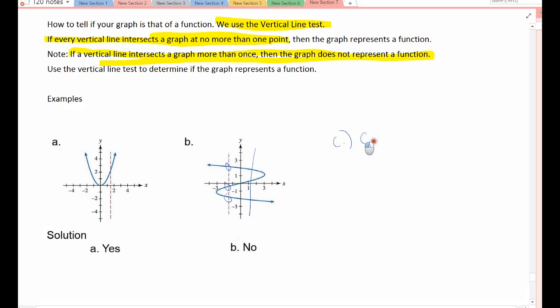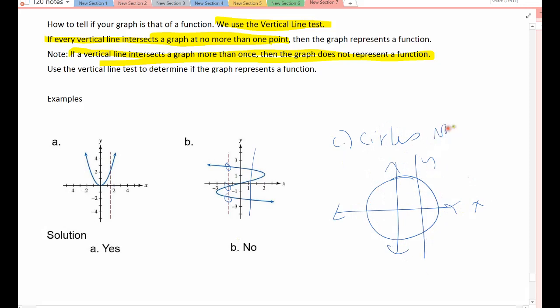A third case would be a circle. We talked about circles in the previous section, right? If I have a circle, it also fails. Circles are not functions. You can read that. It says not function.